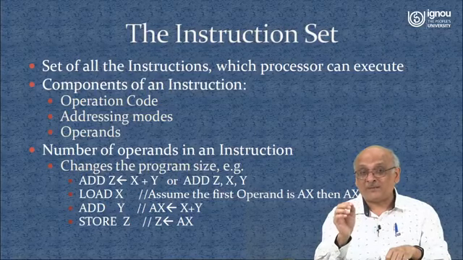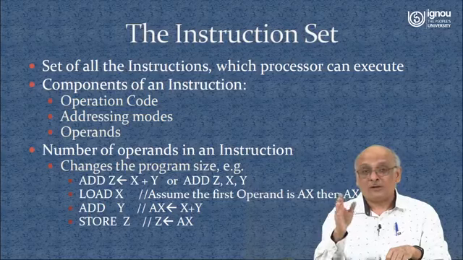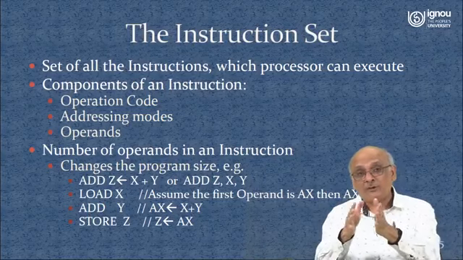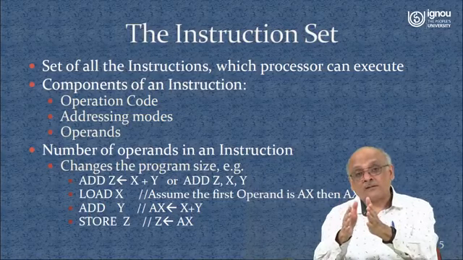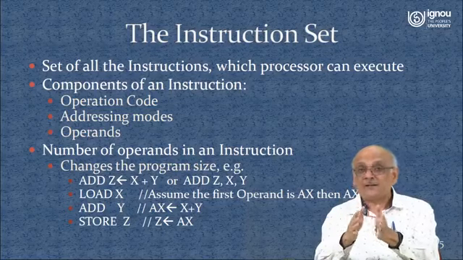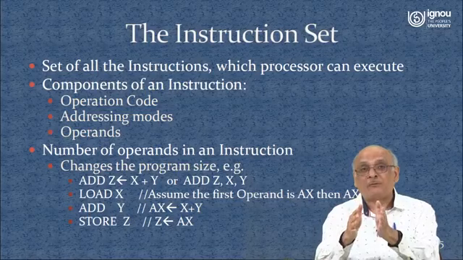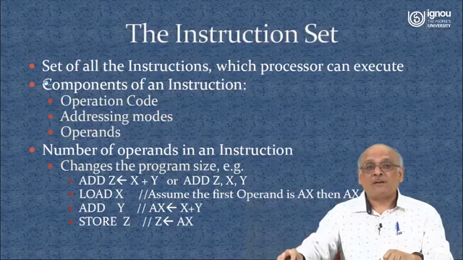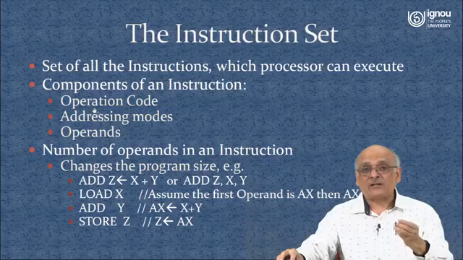And remember one thing, it's a von Neumann machine architecture in general. Even if you use a virtual machine, the instruction has to be in the main memory before it executes, right? So keeping all those things in mind, instruction is one of the simplest things: operation code, addressing mode, operands.